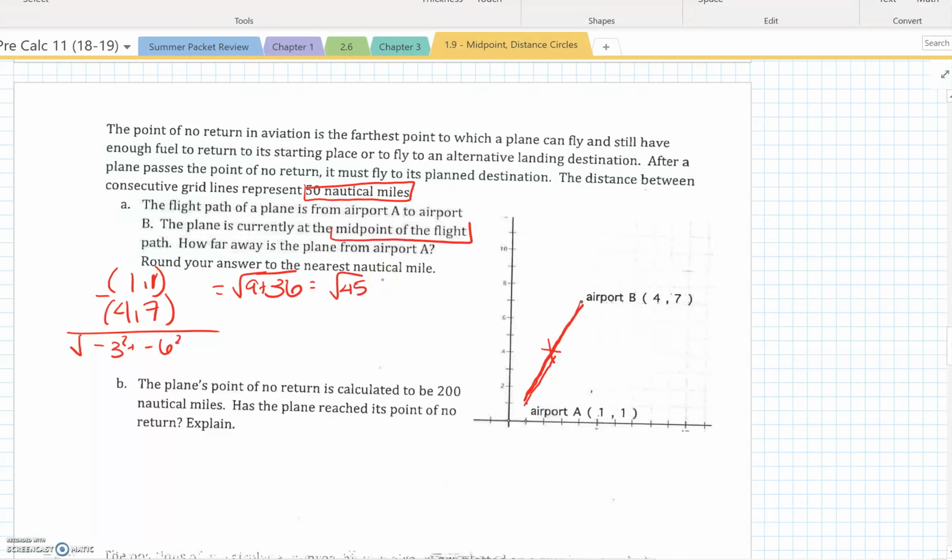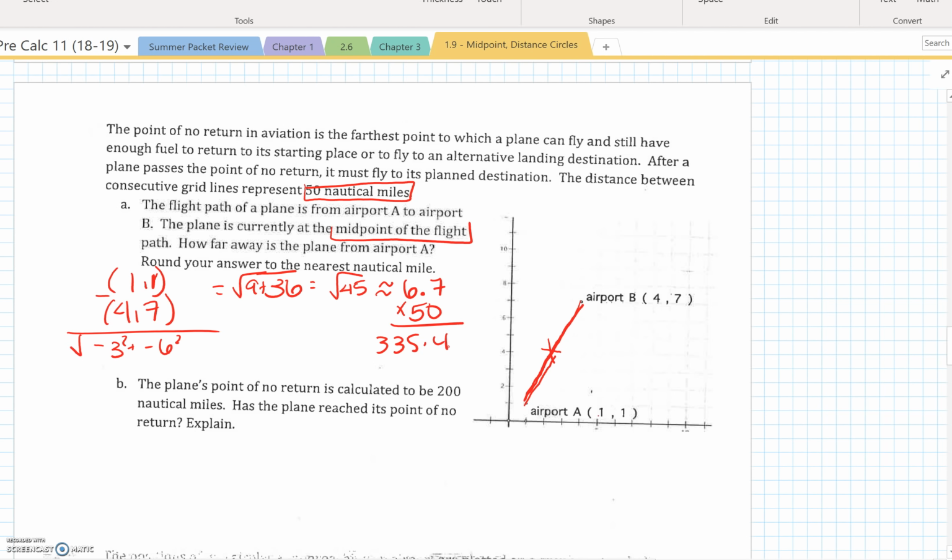Now, since this is a real world question, we are going to get the square root and approximate it to be about 6.7. So right now, the airports are about 6.7 units away on the grid. Remember, each of these is 50 though, so we're going to multiply this by 50. So the airports are about 335.4 miles away from each other.